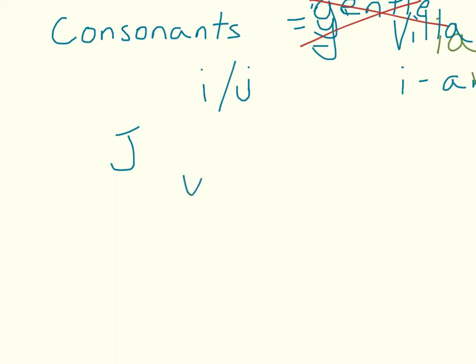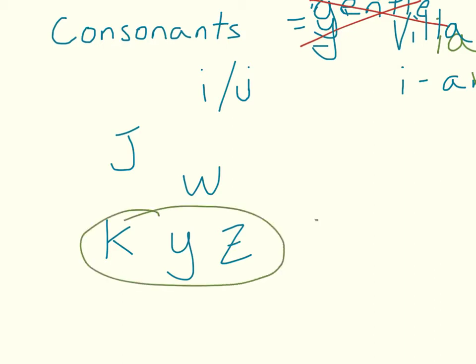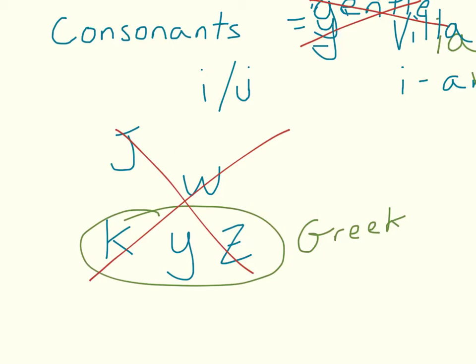We also don't have the letter W. That sound was covered by the V. We really don't see a lot of the letter K, the letter Y, or the letter Z. These are Greek, and you'll occasionally see them in words that come into Latin through Greek, but they don't appear a lot. So those ones are rare at best and non-existent at worst.